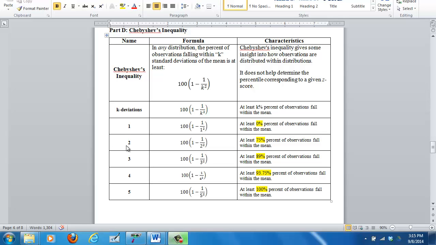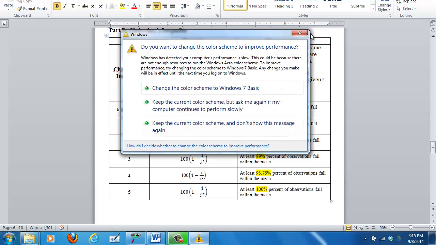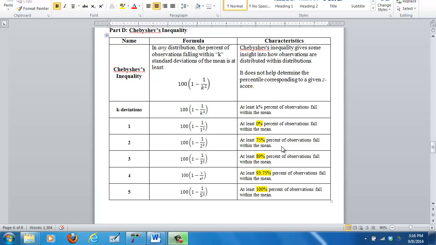However, when we go to 2 standard deviations, at least 75% of observations fall within the mean in that particular situation. So as soon as we go to 2 standard deviations, at least 75% will fall between those 2 standard deviations of the mean. It goes up to 89%, then 93.75%, and finally at 5, 100% of all observations will fall within 5 standard deviations of the mean, according to Chebyshev's inequality.